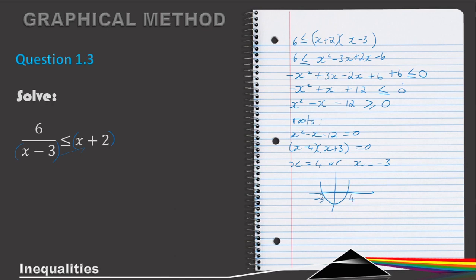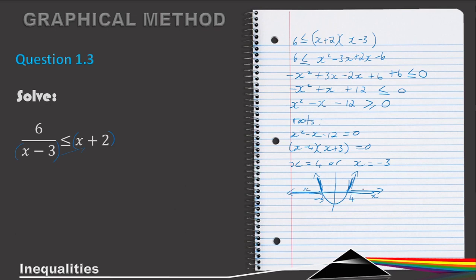Now the question says, where is the graph, this final one, greater than or equal to 0? Meaning, where does the graph lie above the x-axis? Over here and over here. Remember, this is your x-axis, just in case. Then it means that the graph is going this way forever, and this way forever.